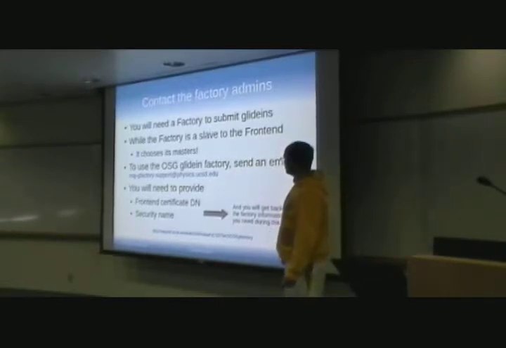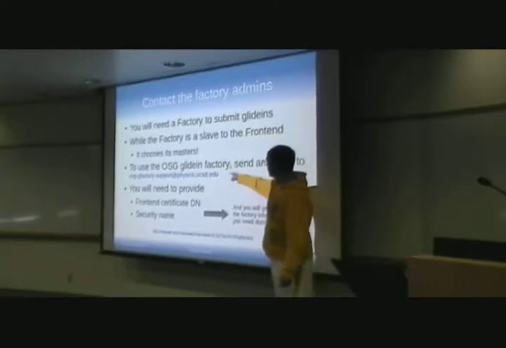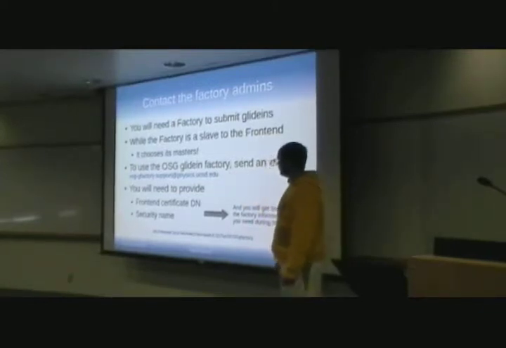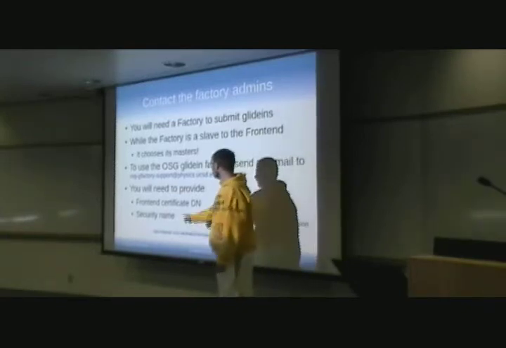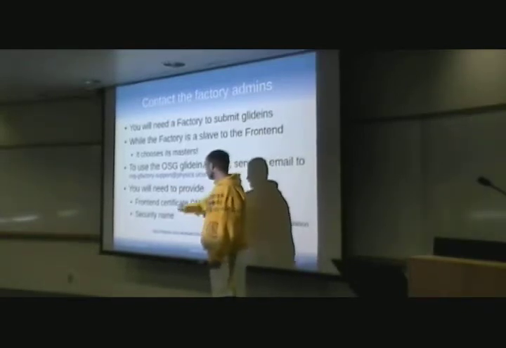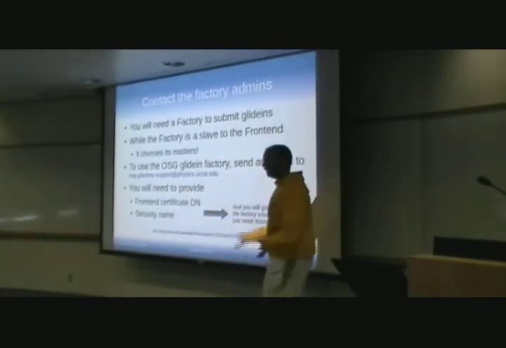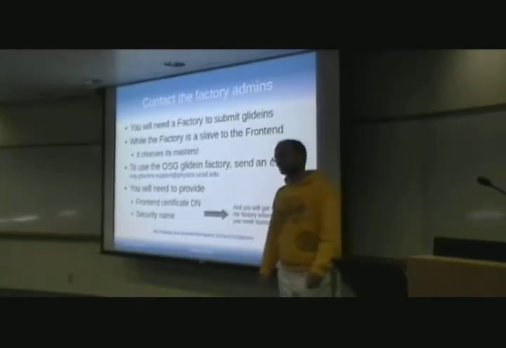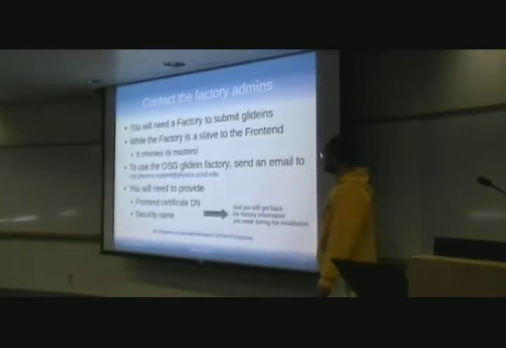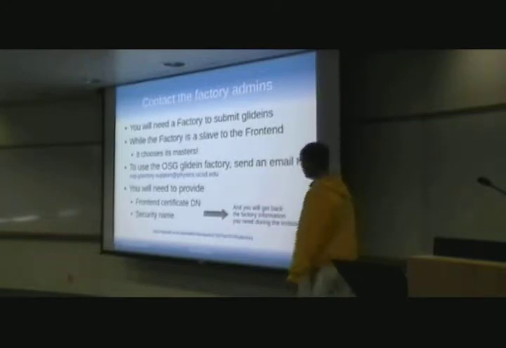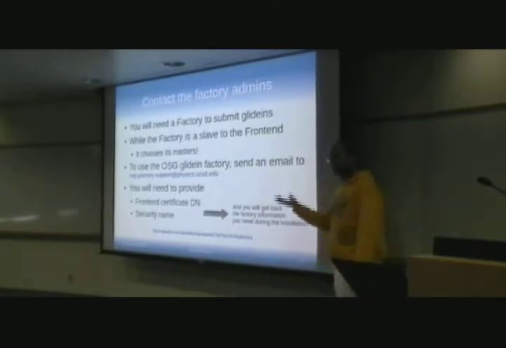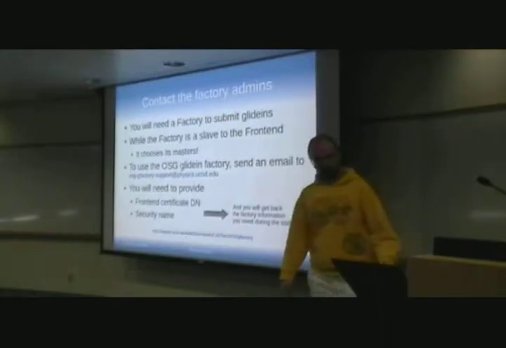If you want to use the OSG factory, you just send an email to that address, and you will need to provide essentially the frontend certificate DN and the security name, and any security classes if you have; we'll just assume it's frontend. And the factory admins will get you back all the factory information that you will need to actually populate the fields about the factory in your configuration. We'll talk about that in a few minutes.